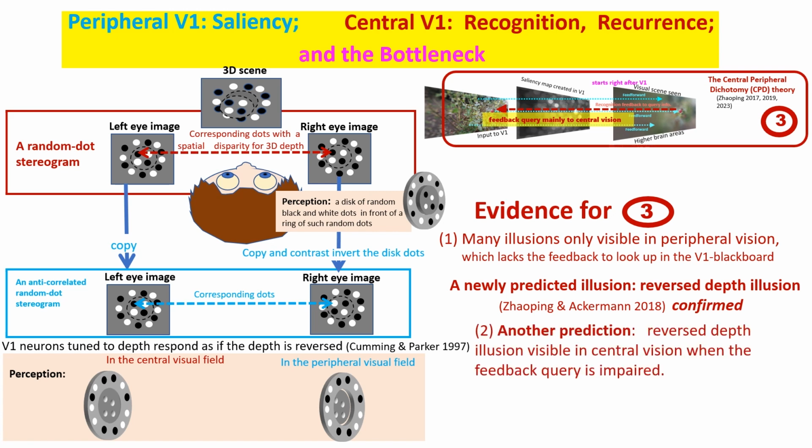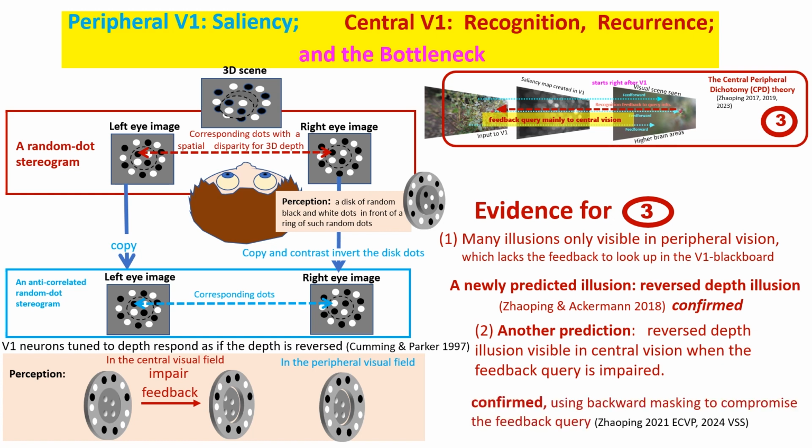This reversed depth illusion should become visible in central vision when the feedback query is impaired, so that central vision also cannot query the V1 blackboard to veto the fake news reported by these depth-tuned V1 neurons. This prediction is confirmed.